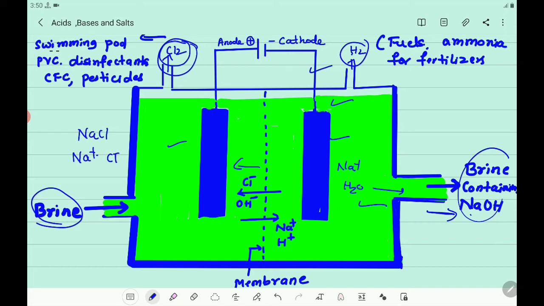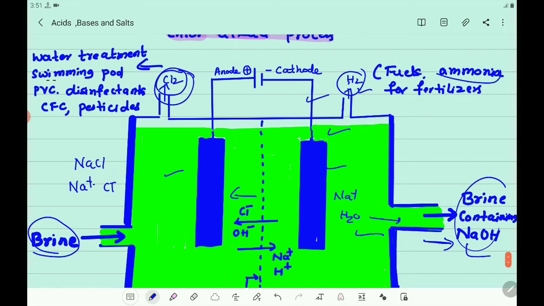You know that sodium hydroxide is one of the important products which can be used for many purposes, and hydrogen can be used as a fuel, and also to prepare ammonia.